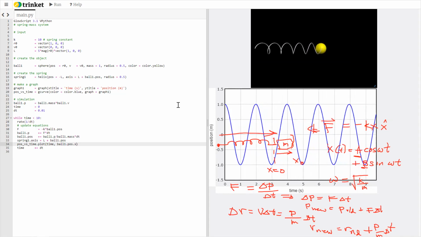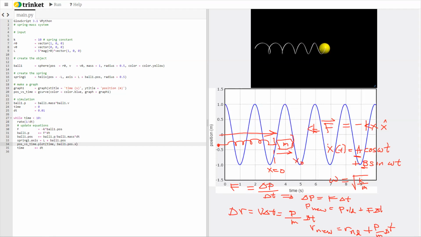So if we impose the initial condition from the solution, we have x naught, or x at time t equals 0, is equal to 1, is equal to a cosine 0 plus b sine 0. So that means that a equals 1.